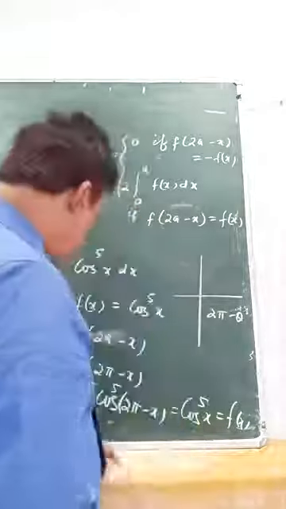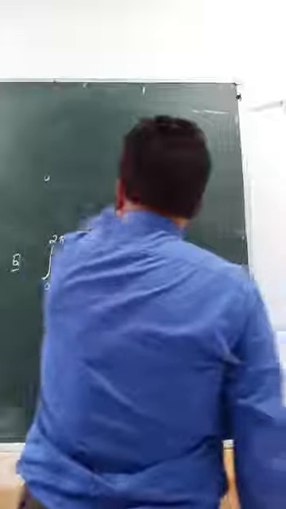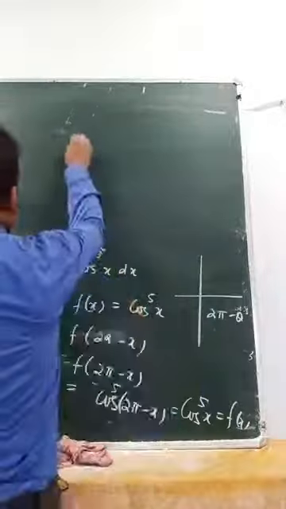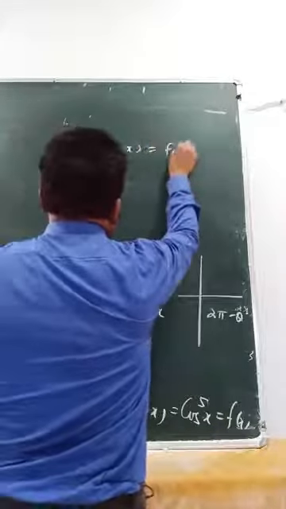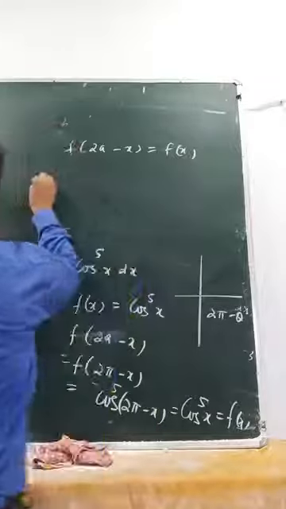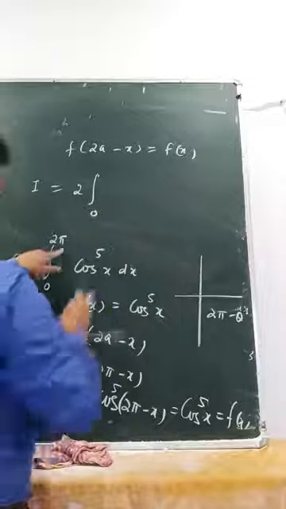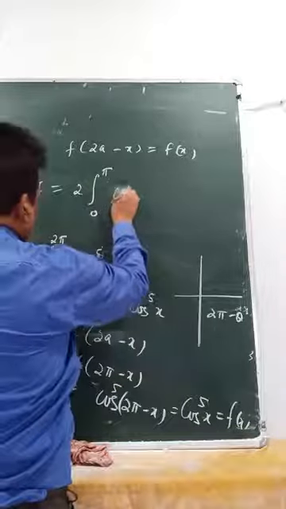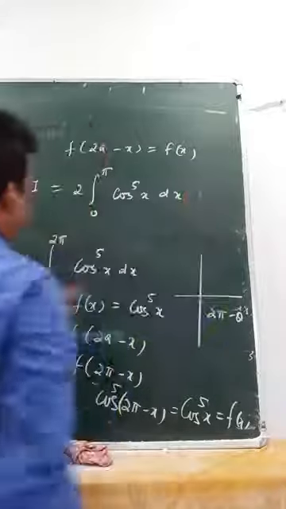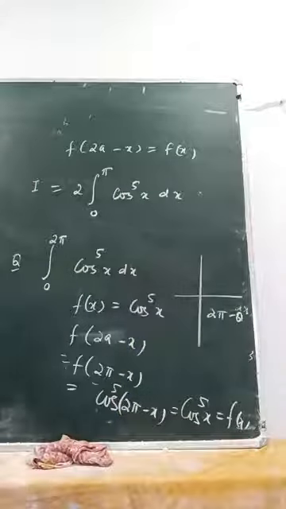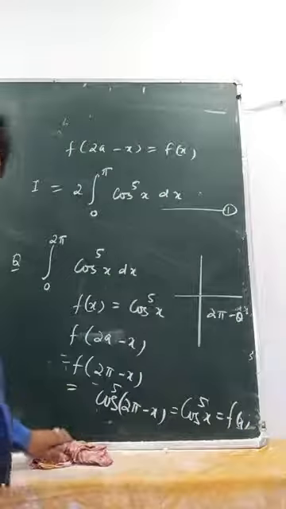Okay? So now you can write here f of 2a minus x equals f(x). So I is 2 times 0 to a, 2a becomes a, meaning pi, cos 50x dx. Now you write this is equation number 1. Use property number 1.